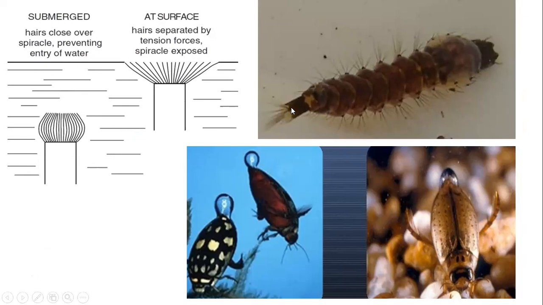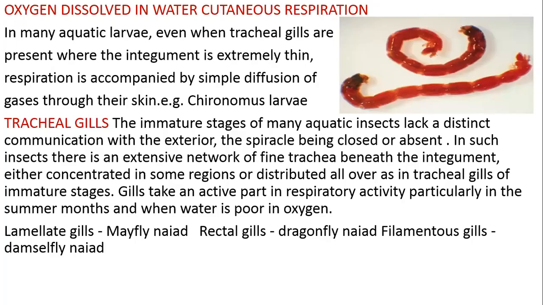Here are the hydrofuge hairs, and these are the air bubbles which are present in the posterior side of the beetle. These are the structures of respiration.